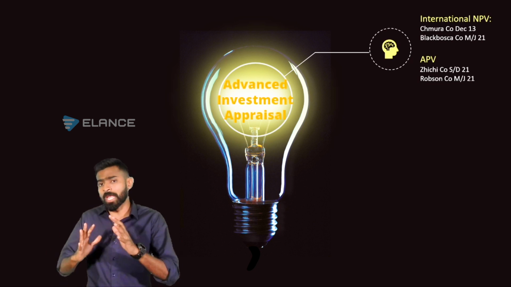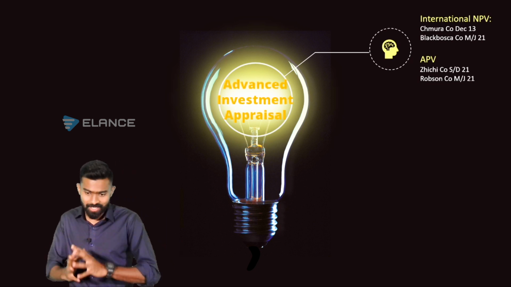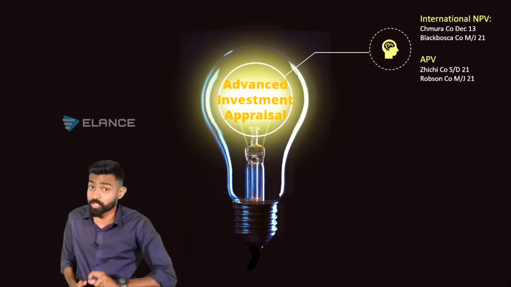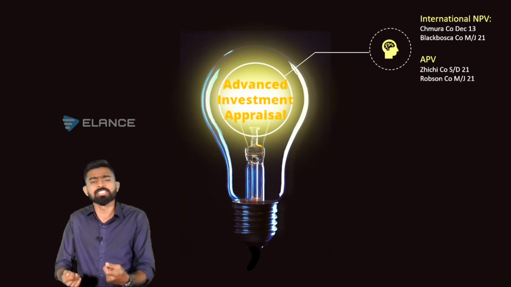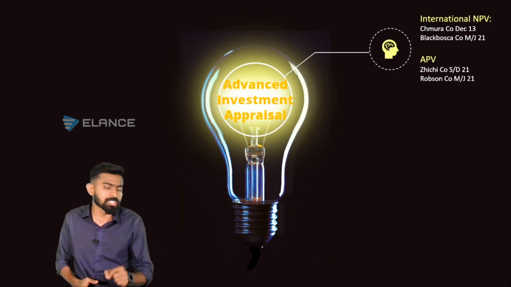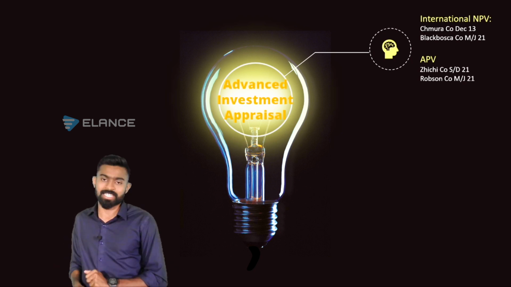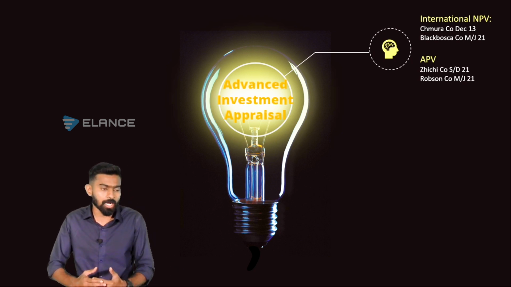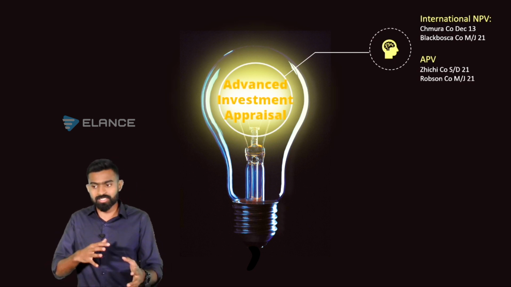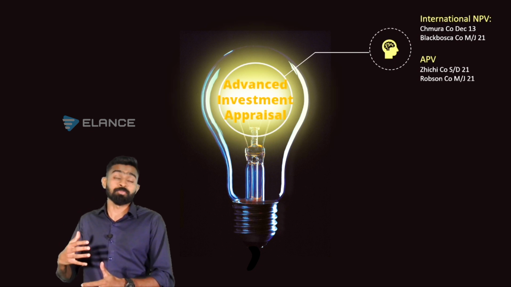And when it comes to APV, the questions I have noted are, one, Zichi company, which was asked in September-December 2021, and another one, the March-June 2021 question, Robson company. Again, Robson company is a 25 marks question. Start with that. There are 2 debt raisings in that question, one repaying in equal annual installments.